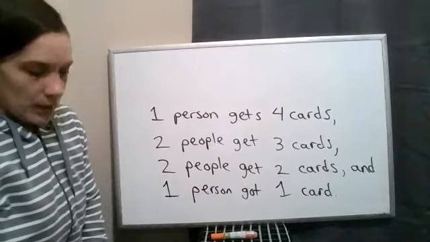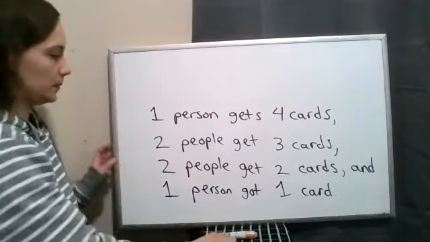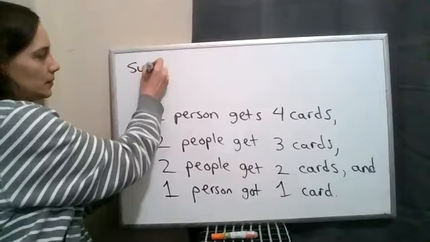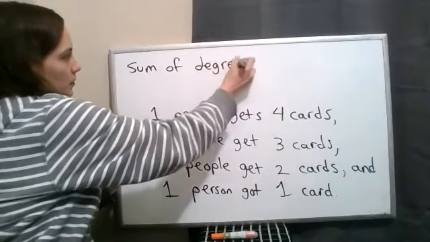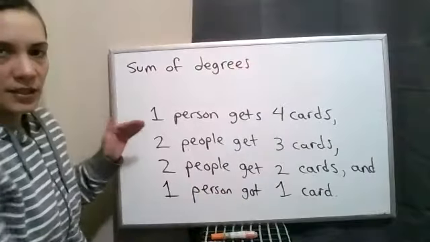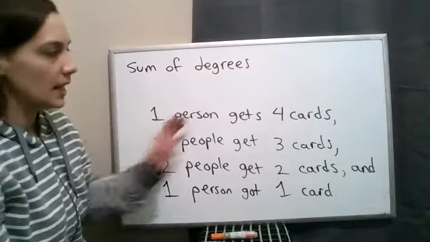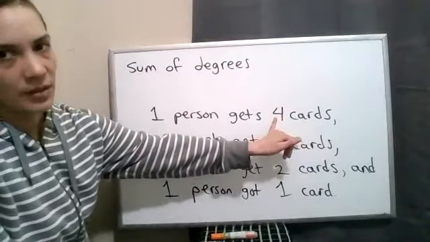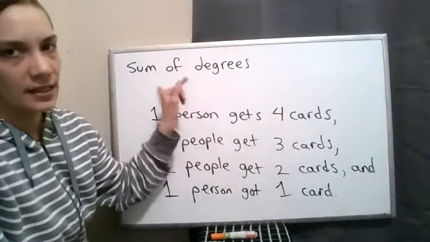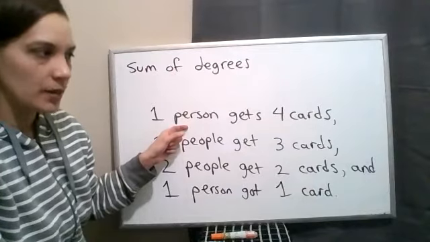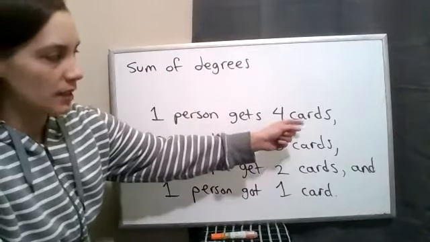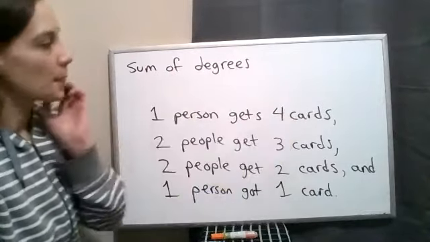So what we're going to do is write out the sum of the degrees. Each person is going to represent a vertex, and each card is going to be the degree of that vertex, and we're adding everything together. So take the number of vertices, multiply with the degree for each.